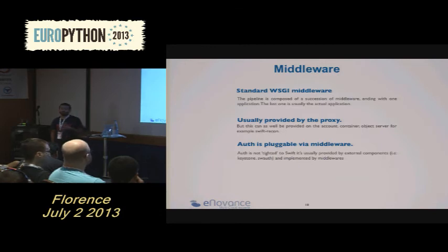Middleware is what we use to provide features on Swift. We have WSGI middleware, which is the standard interface in Python. I don't know if you know how middleware works. Basically you have a pipeline, the request comes through and goes by different middlewares, and the request gets changed by the middleware.